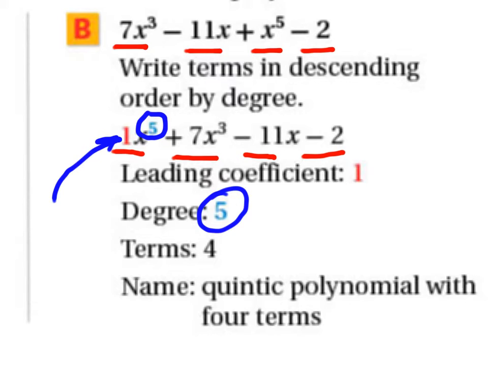And so forth and so on. So it's a quintic polynomial with 4 terms. Once you get past trinomial, you don't name it. You can call it by its degree, which is quintic, and just call it a polynomial. A quintic polynomial with 4 terms.